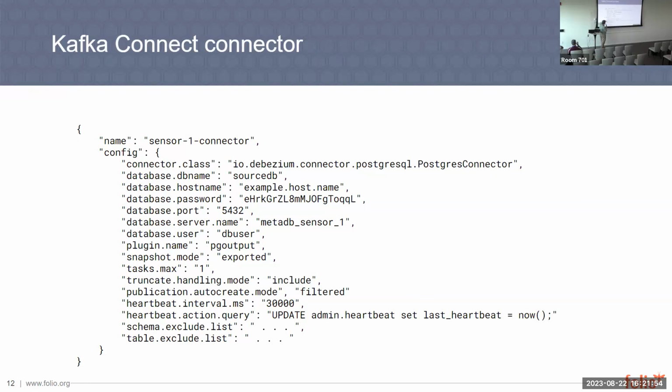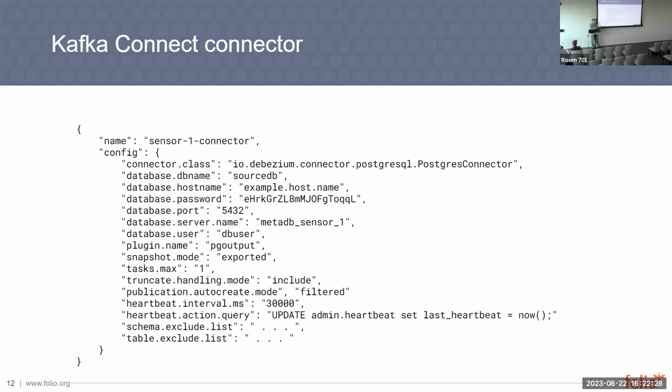Let's see if there's anything interesting. It's recommended to use a heartbeat query that will fire every once in a while to make sure that the write-ahead log is cleared away properly. And most importantly, at the bottom, I didn't actually give the examples, but you can provide a regular expression that tells the connector to exclude certain schemas and certain tables.